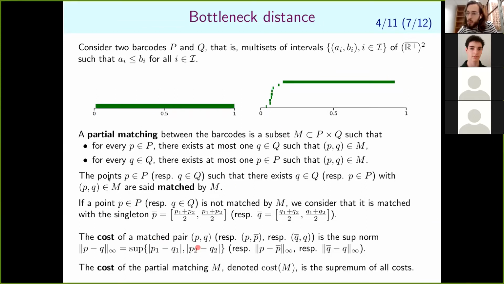If I have a matched pair PQ, two intervals P and Q, I will define the cost of this matching as the sup norm of P minus Q. So here I see intervals as points of R2, and I consider the sup norm. The sup norm of P and Q is the supremum of the absolute value of the difference of their coordinates.